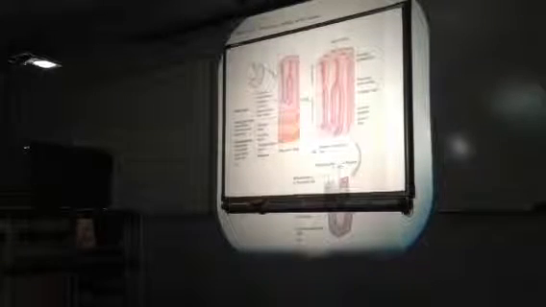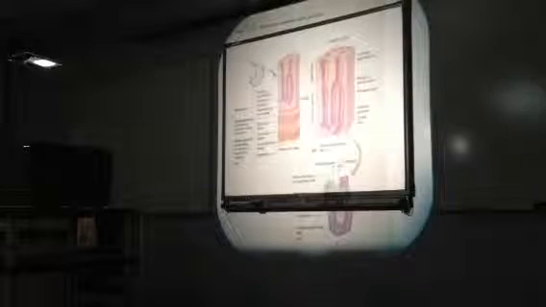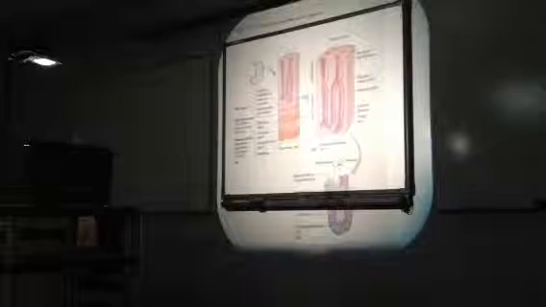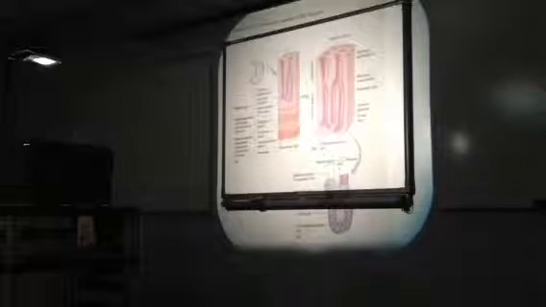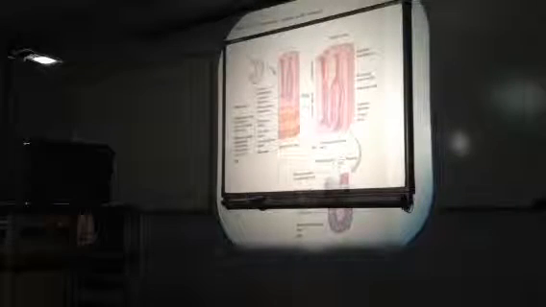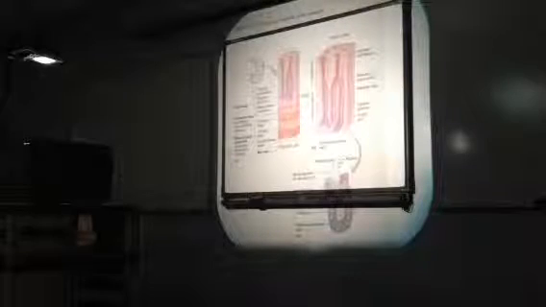G-A-S-T-R-I-N. Gastrin stimulates all gastric juice release. Okay, so all the secretions from the previous page.